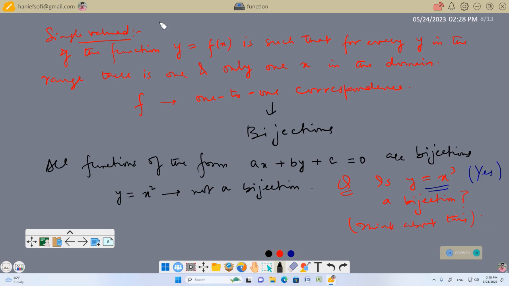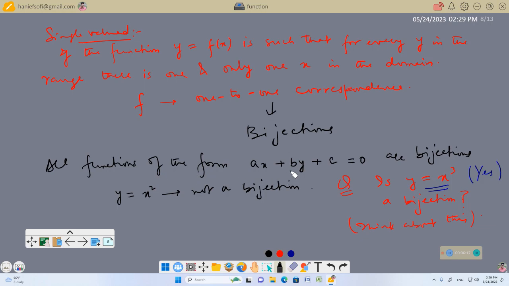A single valued function is not necessarily a bijection. Now, today I want to clarify the meaning of bijection. I repeat, don't mix the idea of a single valued function with the idea of a bijection.